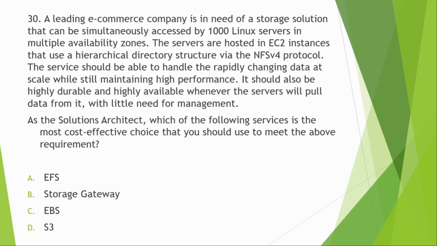This is the reason it is not correct here. And S3 provides the same type of availability and scalability as EFS, but it is not suitable for data which is rapidly changing. You need to understand what goes more correctly. Try to match each and every word with what goes correctly with the options. Okay, EFS is the correct answer.